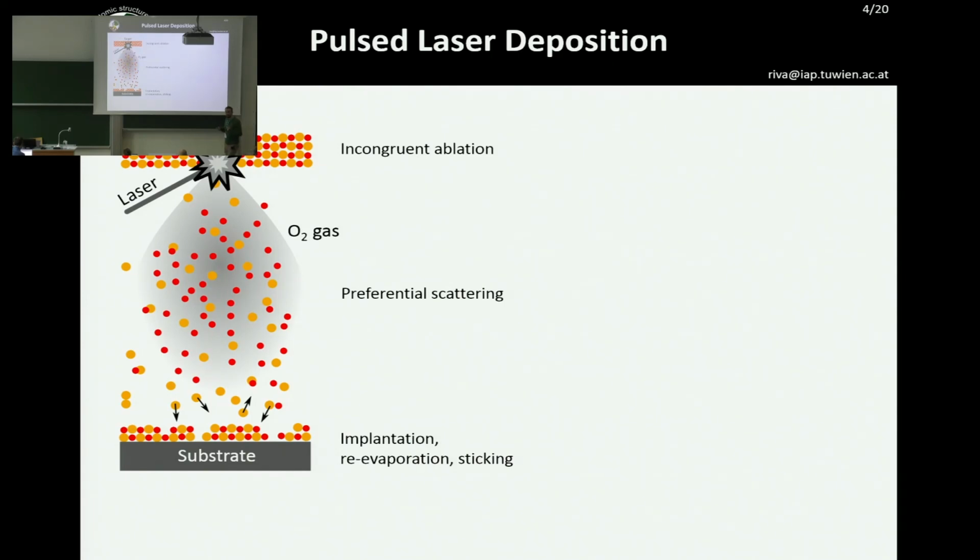Then your materials typically have atoms with largely different sizes, so these different atoms can scatter differently with the background gas, and that will lead to a change in the composition. And in the end, you have your substrate where you have surface reconstructions. Things can stick, cannot stick, can stick less, can stick more, can re-evaporate. You can implant stuff. So these are all parameters one has to take into account. All in all, that means that to grow nice films, you have to tweak the parameters a bit.